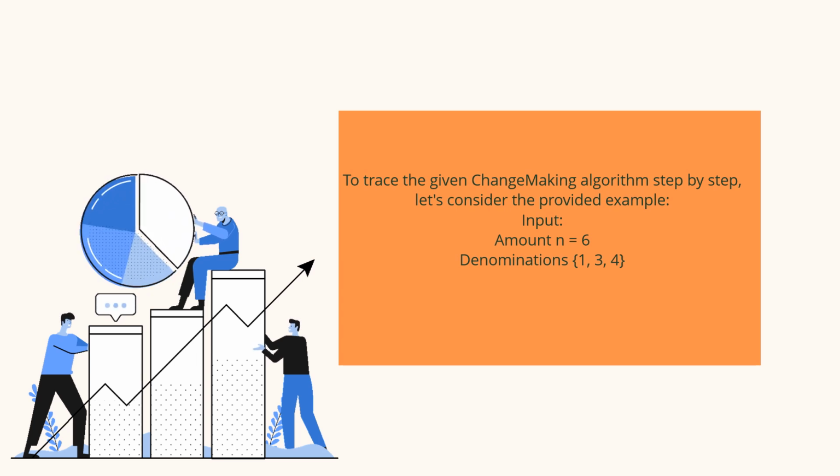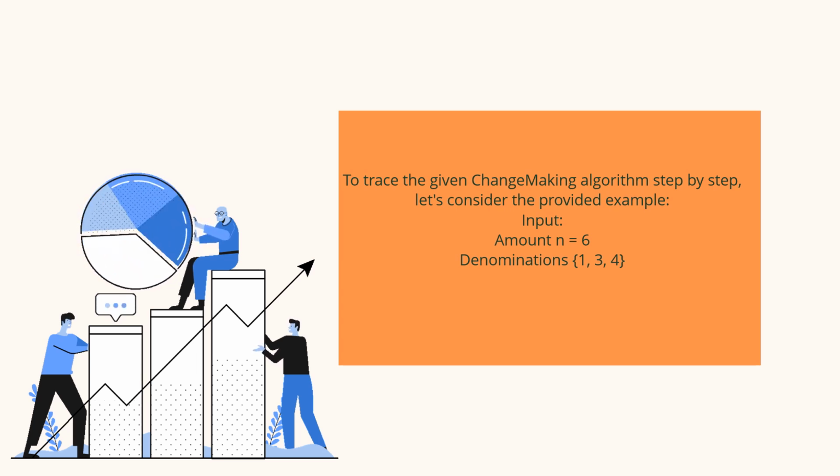Basically, to improve the performance of the algorithm, we should find out that using the least number of coins we can make this amount. If we take 3 plus 3, that is the least number of coins out of this collection, because with 1 rupee coins, six 1 rupee coins have to be taken.